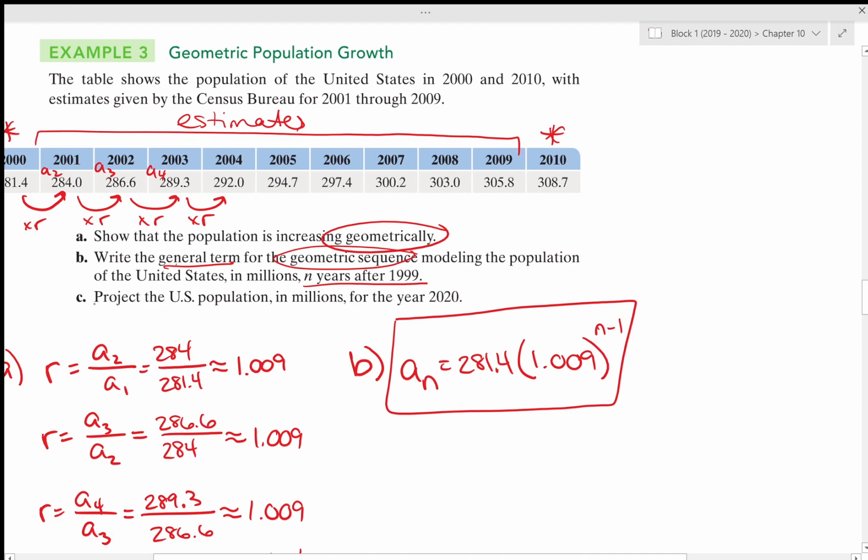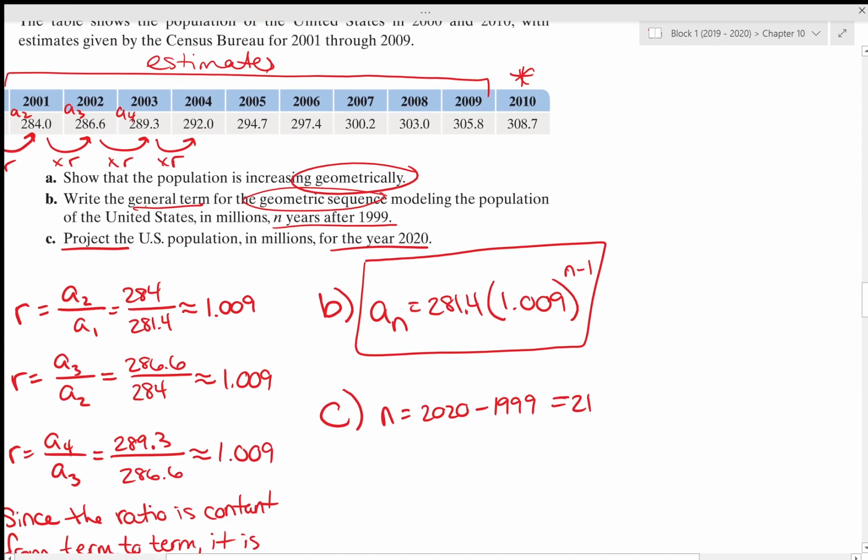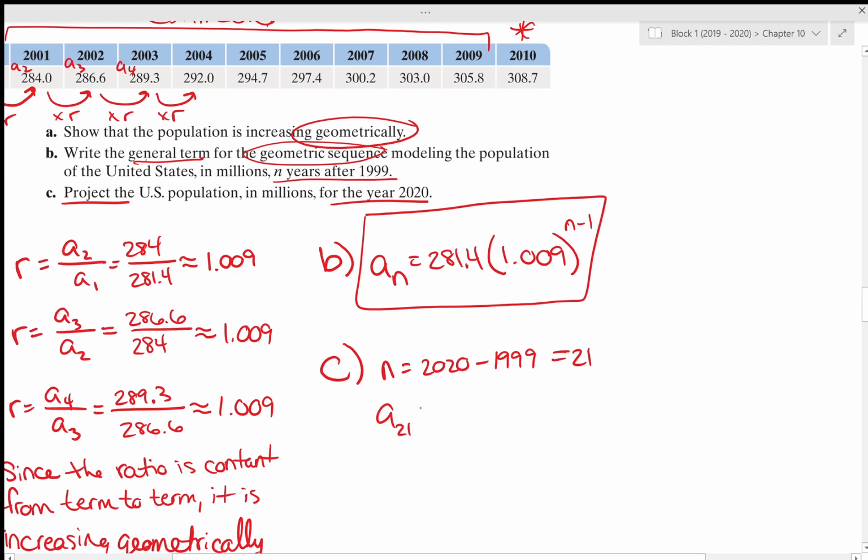So C, to project the U.S. population in millions by the year 2020, I want to use that formula to figure it out. Now the year 2020, I have to see what's the difference between that and 1999, and I'm going to have 21. So I'm going to find the 21st term here. So 281.4 times 1.009 to the 21 minus 1 power, or the 20th power.